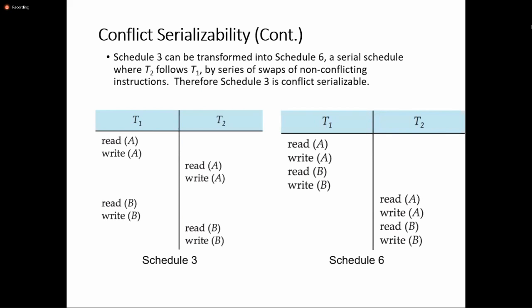Now, conflict serializable. T1: read A, write A, read B, write B. T2 also: read A, write A, read B, write B. Schedule 3 can be transformed into schedule 6, a serial schedule where T2 follows T1, by a series of swaps of non-conflicting instructions.